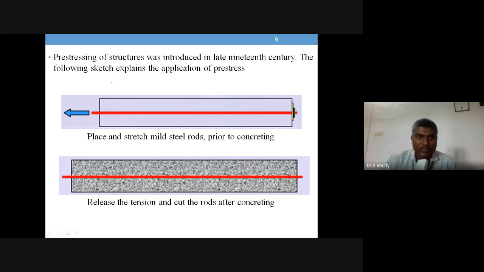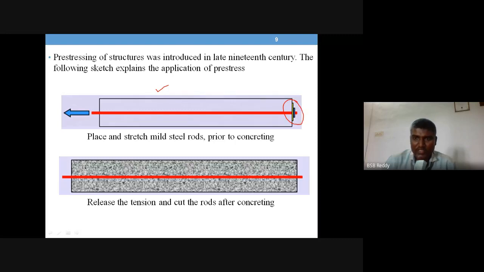So the sketch that you see here: we take a mold. This is a mold where it is empty, and a rod is inserted and fixed at one end.